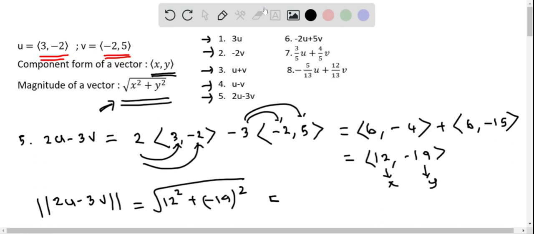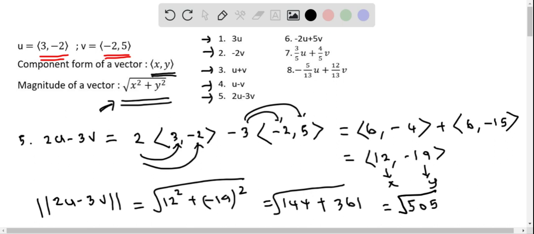So this is equivalent to 12 squared is 144 and 19 squared is 361. When we add this, we get 505. So this is the magnitude of the fifth vector, that is 2u minus 3v vector.